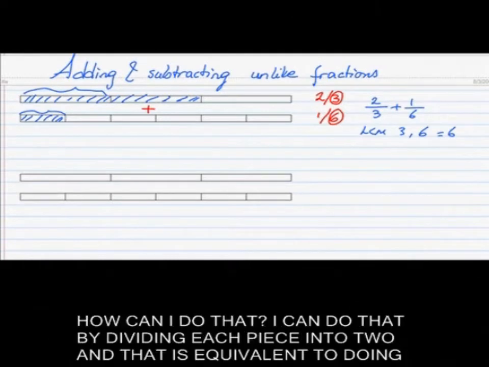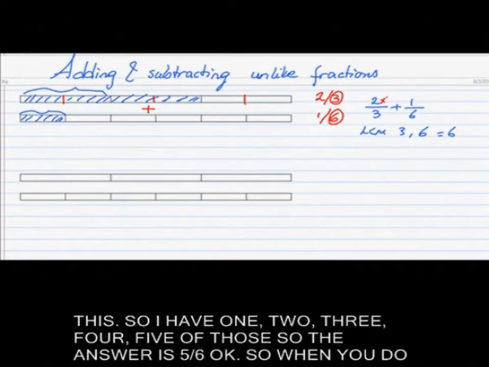How can I do that? I can do that by dividing each piece into 2. So I have 1, 2, 3, 4, 5 of those. So the answer is 5/6.